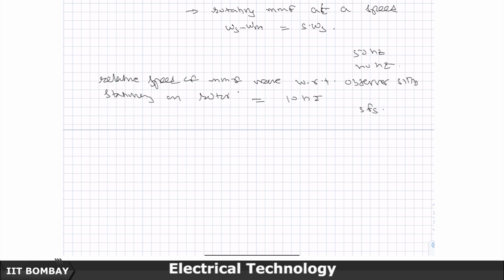Then what would be the EMF which is induced in that winding? We will be getting into more detail, not necessarily today, but the frequency of the induced EMF will be s fs. Now suppose I have short circuited the winding.